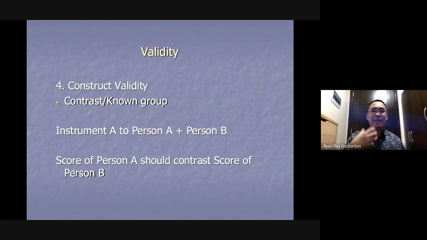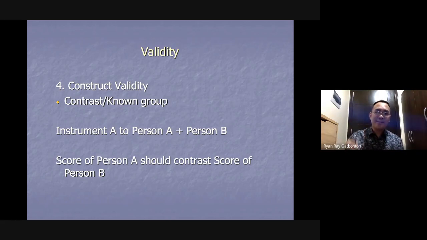So for example, you're trying to measure functional ability. You administer this tool on functional ability on a group of athletes. So these athletes, we all know that their functional ability can be high, lalo na sa physical ability or physical function. If their functional ability is high, then we can say that your tool is valid because it measures high for a known group.